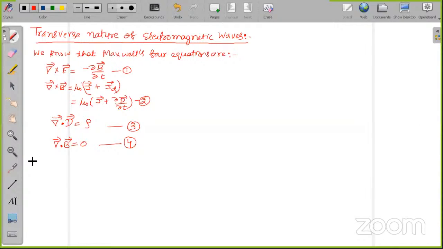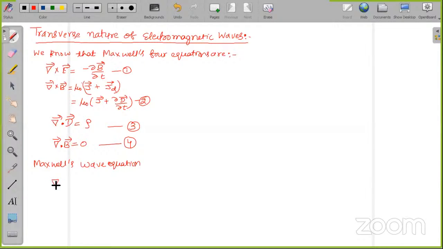And then your madam, Nandini madam, she proved an equation in the class or lecture, that was Maxwell's wave equation. Wave equation in vacuum is given as follows.